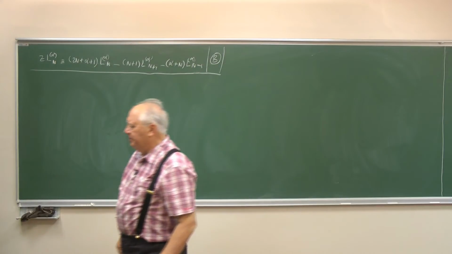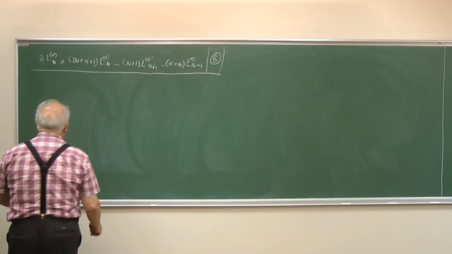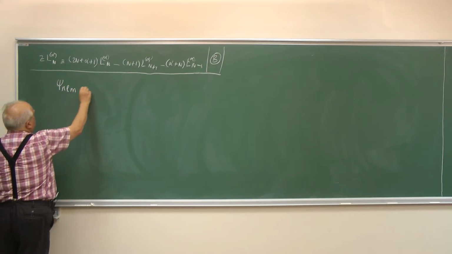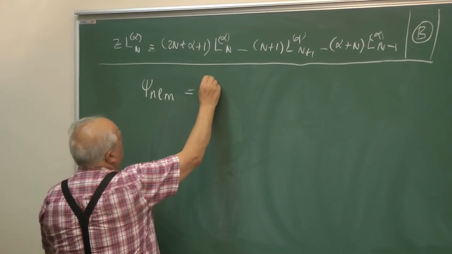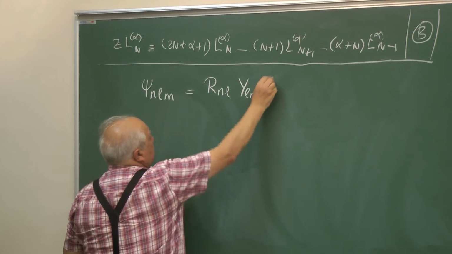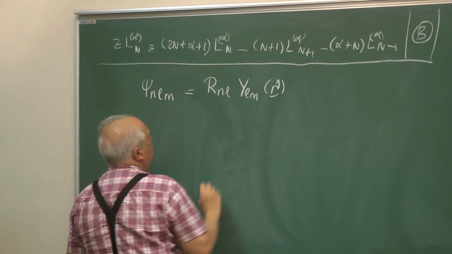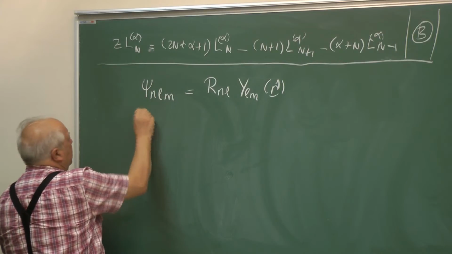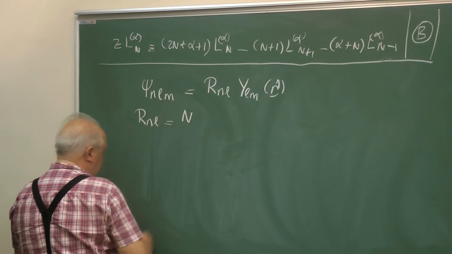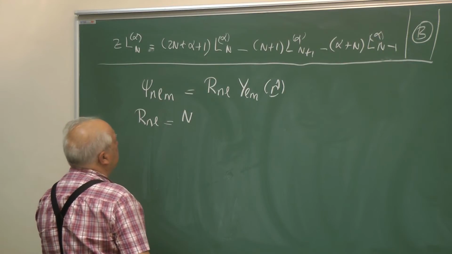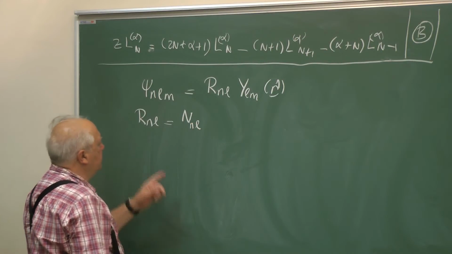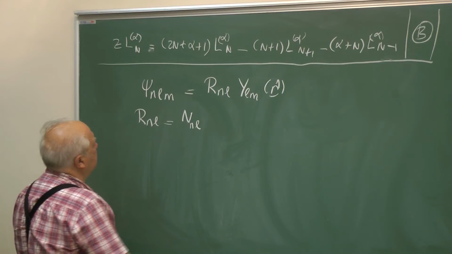We shall use this one, since it's a long one and one doesn't remember. I wrote it up. All right, coming back to the wave function, we have psi_nlm equal to R_nl(r) Y_lm. This is just the angular part, and R_nl is N, the normalization, perhaps depending on n and l. n is the principal quantum number, times r to the l.